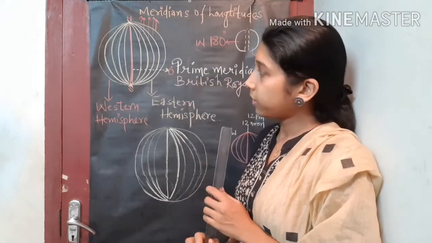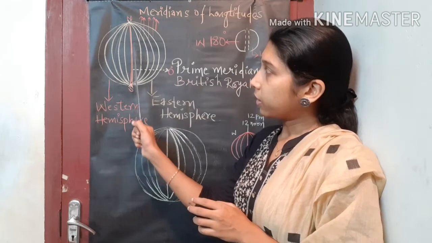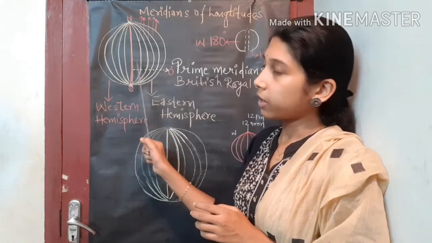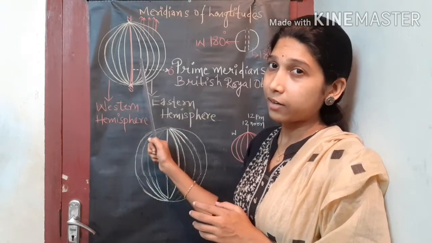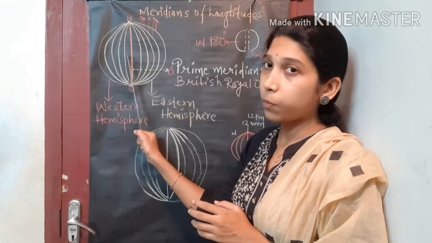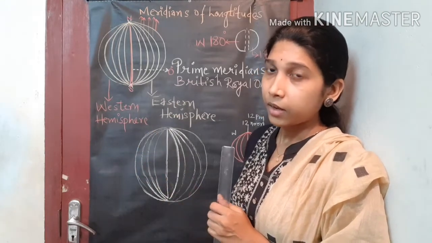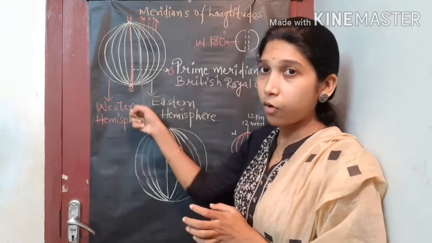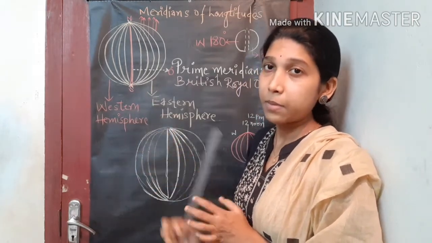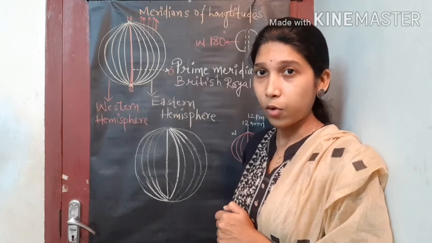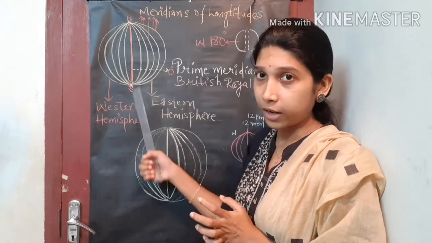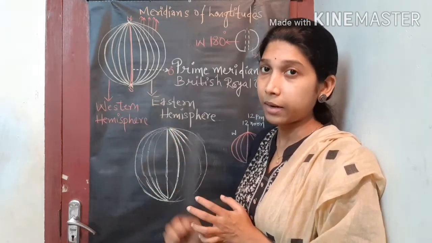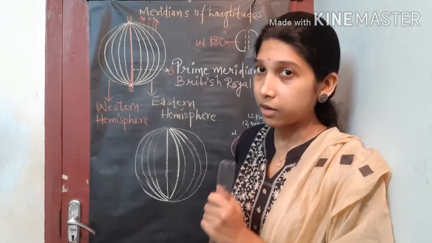You can see the earth can be divided into two parts of 180 degrees. Like the latitudes, these meridians of longitudes are measured in degrees.